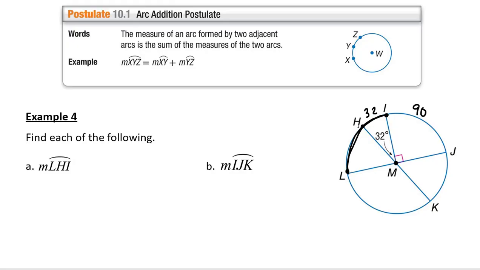Actually, that's easier than I thought, because I have a right angle. LJ is a diameter. I have another right angle here. So that is equal to 90. And then I'm going to do a little bit of erasing.